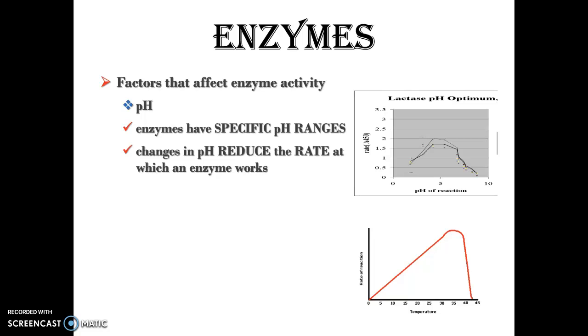So a change in the pH will reduce the rate at which the enzyme works. If for some reason our mouth would become highly acidic, if you eat a lot of sour stuff, that will make your mouth acidic. Many of the enzymes in your mouth that are in your saliva will not work as well.